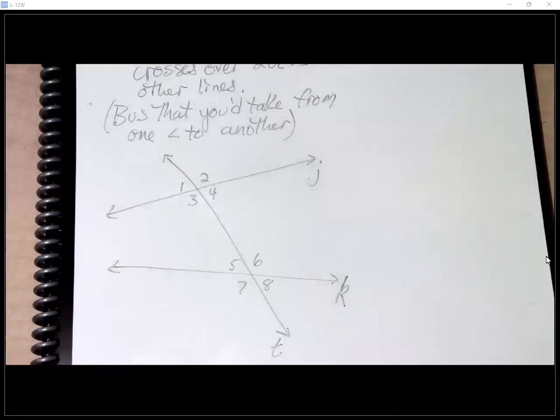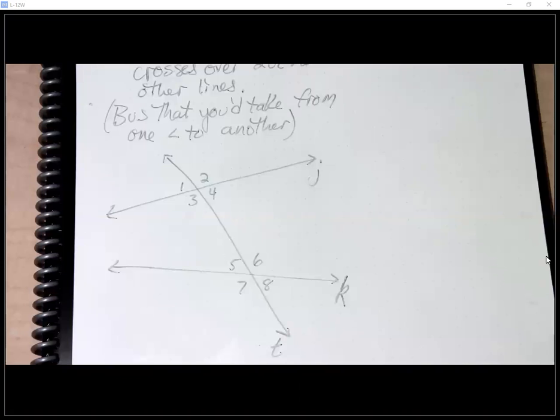Okay, you ready? So there's a couple that we're going to name here. We already know some. We already know things like vertical angles. You already know who the vertical angles are in this picture, right? Can anybody name for me a pair of vertical angles? Carson, go ahead. Angles 1 and angle 4. Sure, 1 and 4.